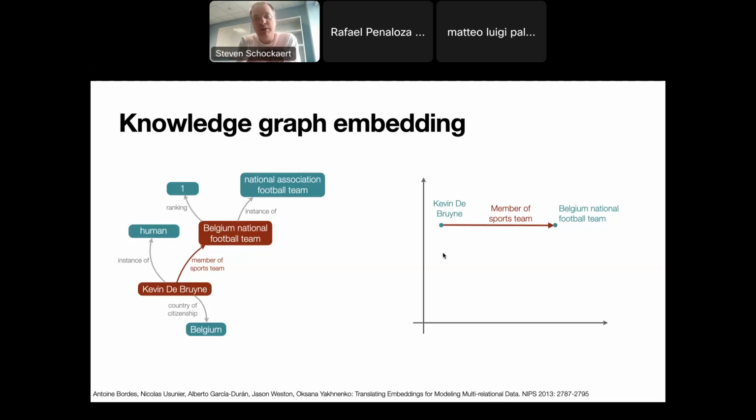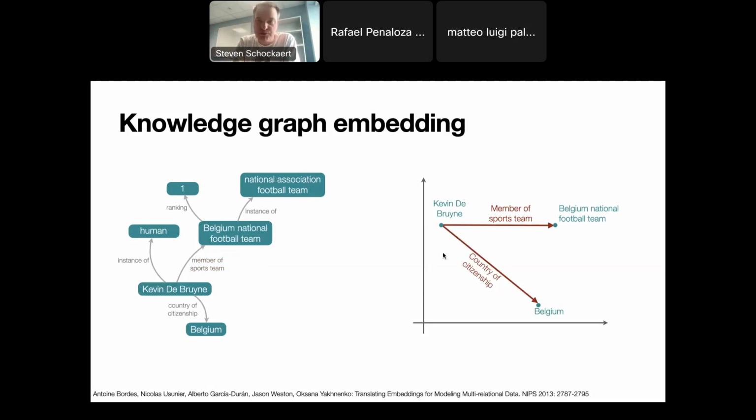When we represent the knowledge graph, of course, we don't just represent a single triple, we represent in a single space essentially all the triples that we have available. That leads to certain spatial configurations of these entities, which ideally will represent the facts from the knowledge graph, but will also represent additional facts.